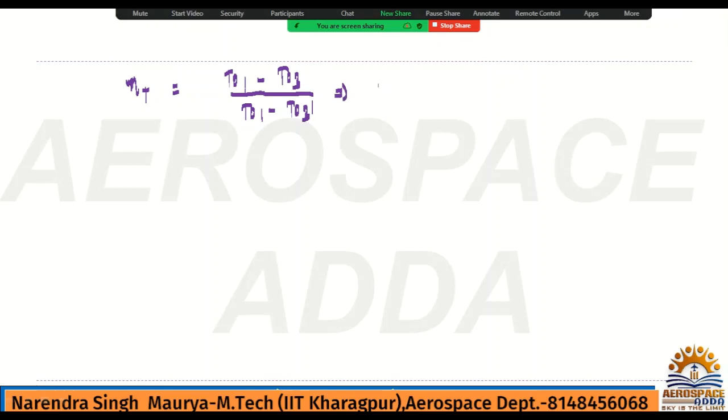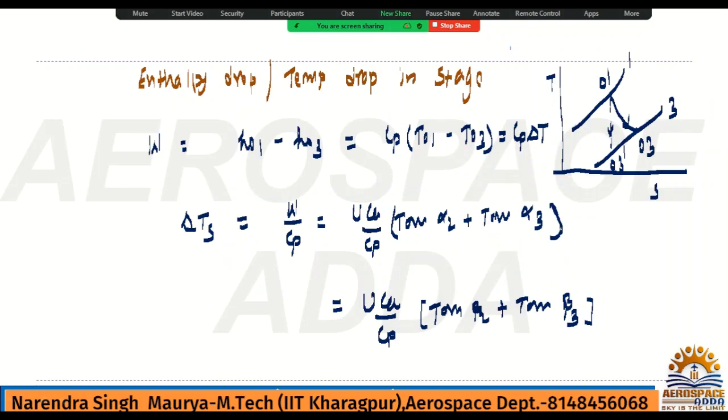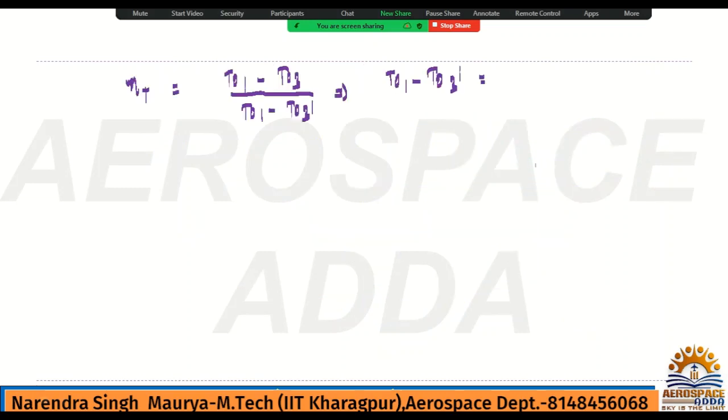From here, you can write T naught 1 minus T naught 3 dash, and T naught 1 minus T naught 3, you had seen here, it is delta T. And delta T for what? Delta T for the stage. So T naught 1 minus T naught 3 dash you can write as delta T for the stage, divided by turbine efficiency.